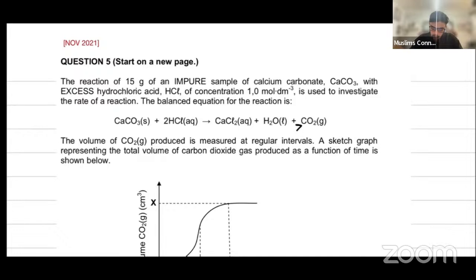You have a certain amount of CaCO3 and you have a certain amount of HCl. And remember, these are chemical reactions, so there's a certain amount of CaCO3 that reacts with a certain amount of HCl according to the molar ratio, according to how they react.